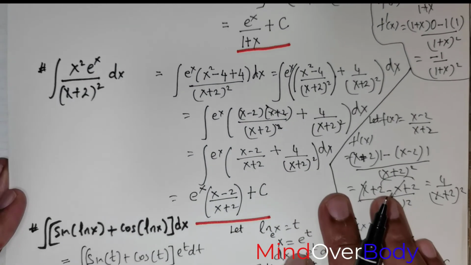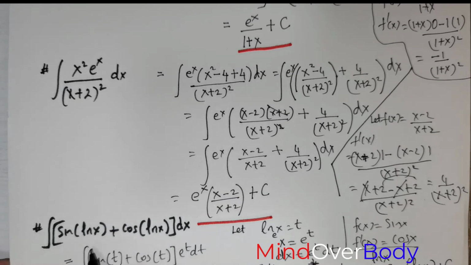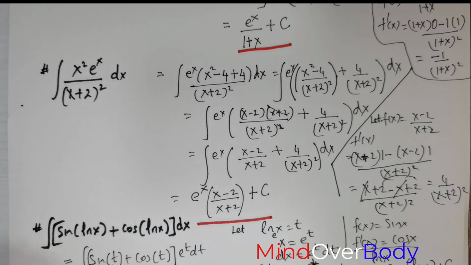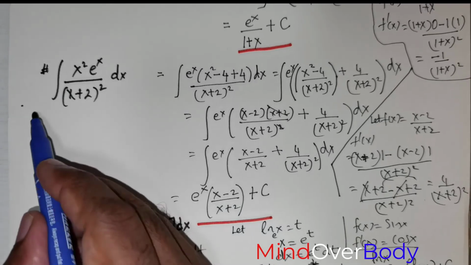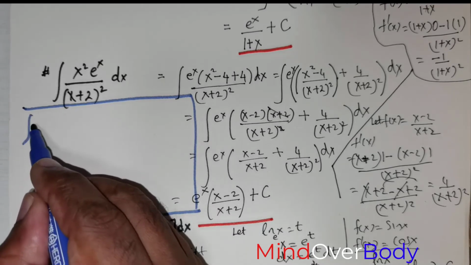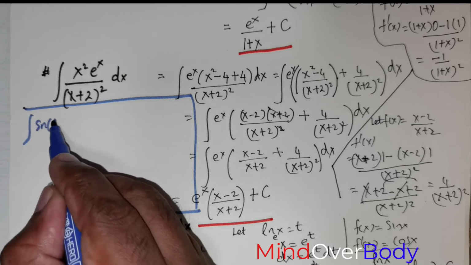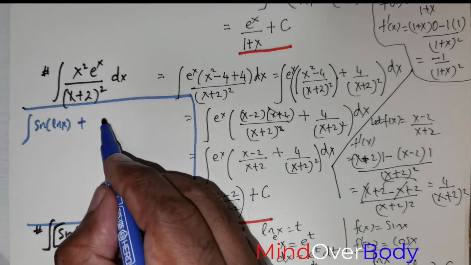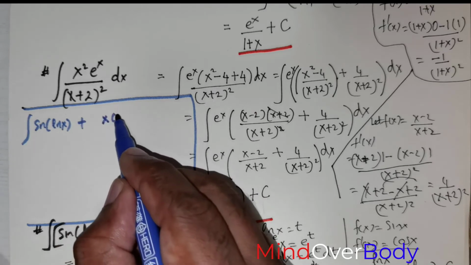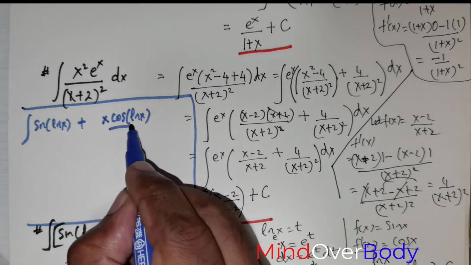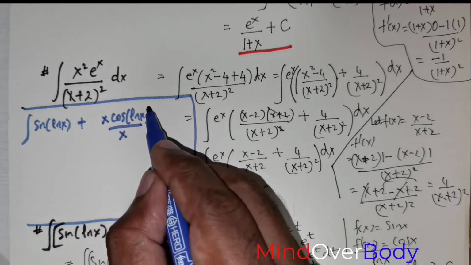Now, we are given this question, right? Now, let me use this particular space here to show you what exactly we are trying to do. Now, this question can be rewritten as integral sine of ln x plus, I'm going to multiply x with cos of ln x, and I'm going to divide it by the same quantity.